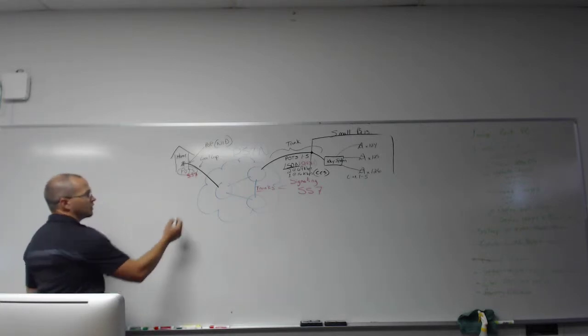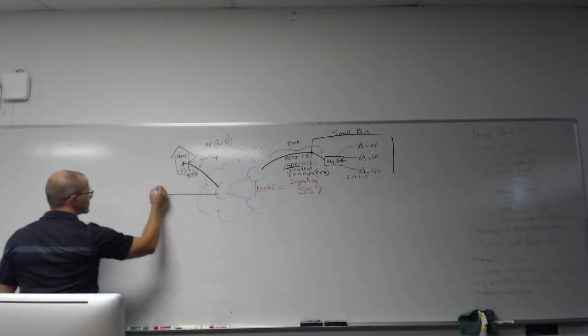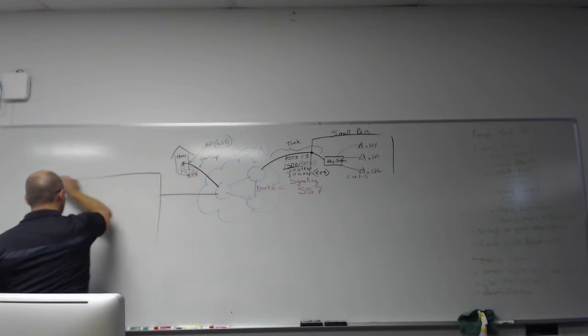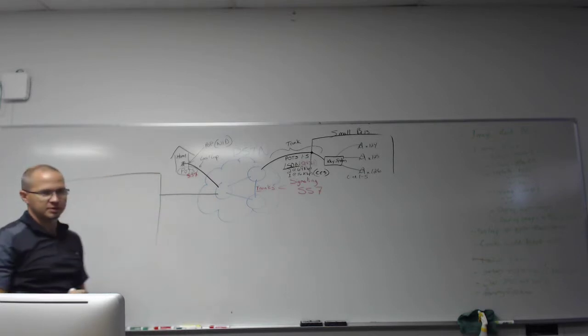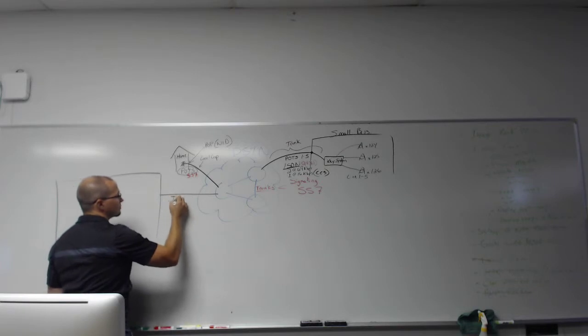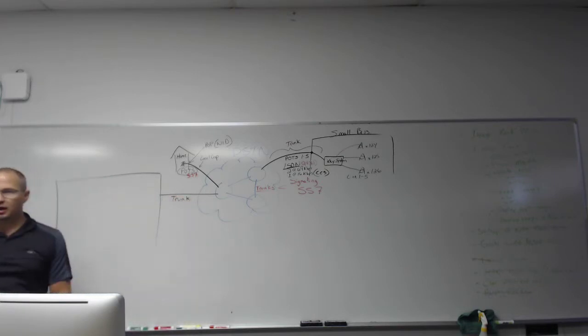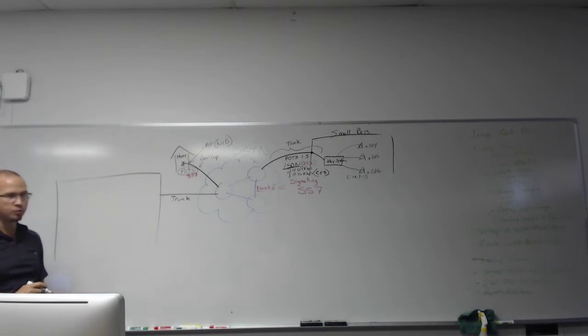Okay, so now we go to a larger business. We'll make a larger building for a larger business. Again, this is a trunk line. So the trunk line still is called the local loop.